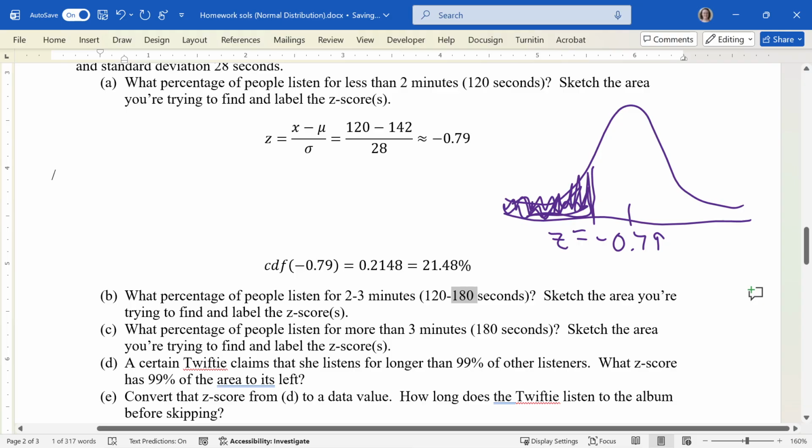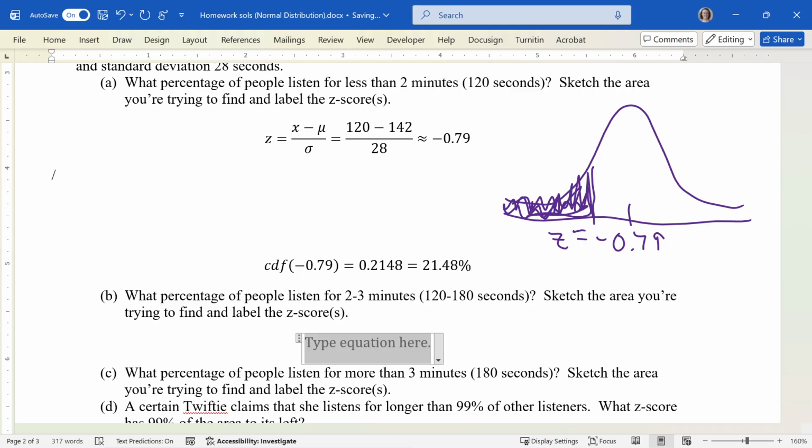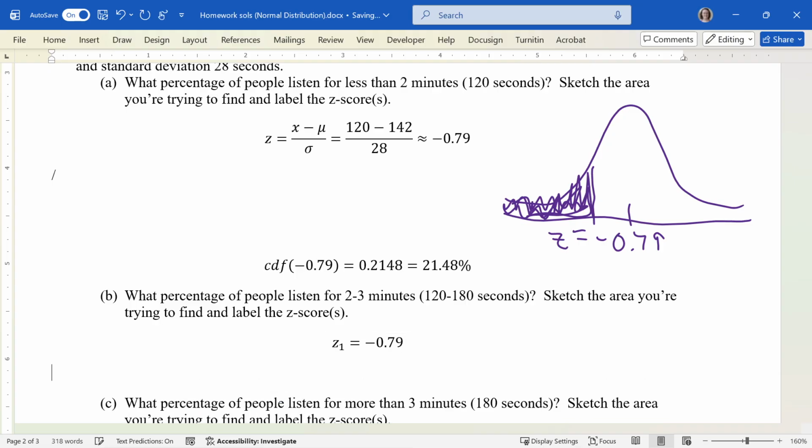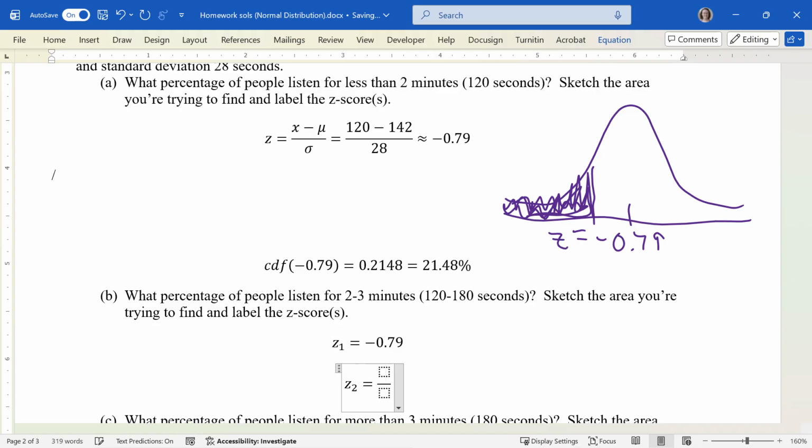Okay, so I already have the first z-score. So I have my z1 from the last question, and it was negative 0.79. And now I need to get my z2 from this part of the question. So that's going to be for 3 minutes. So I am going to do 3 minutes, 180 seconds minus the mean, divide by the standard deviation, and round this to 2 decimal places.